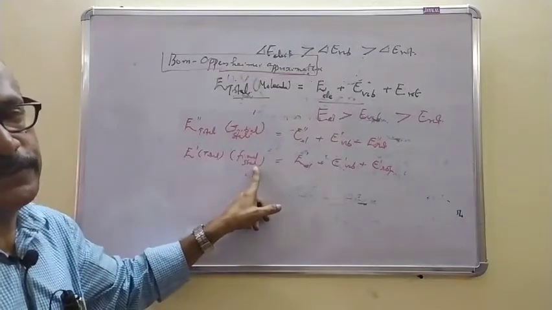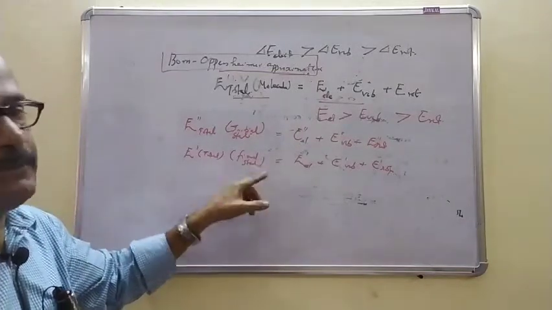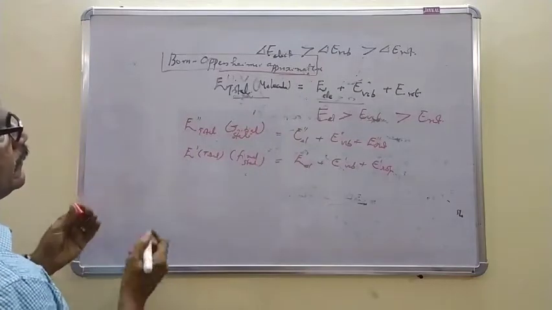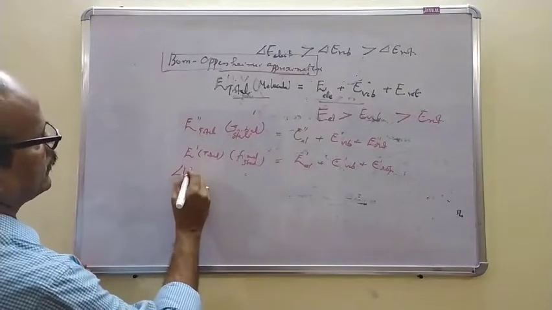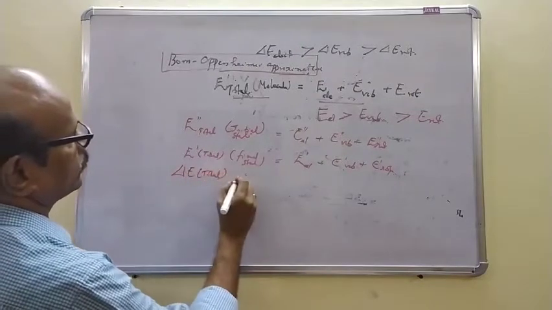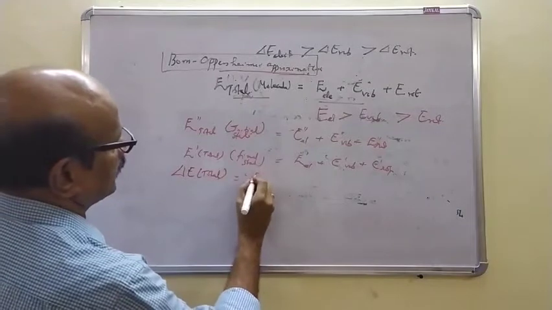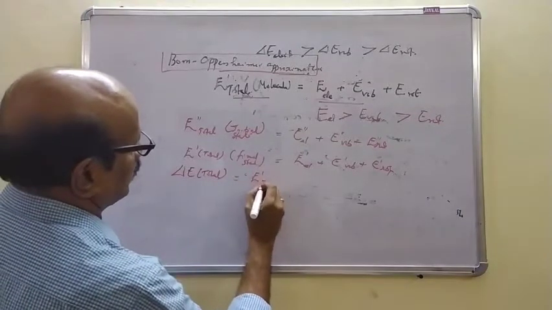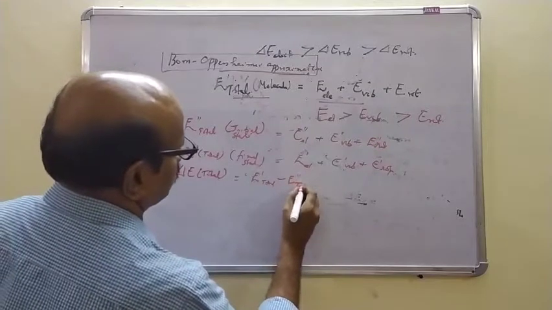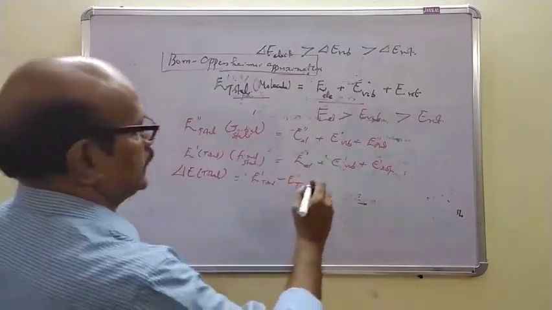Therefore, the spacing, the difference between the two energy states, delta E total of the molecule, is equal to E dash total minus E double dash total.